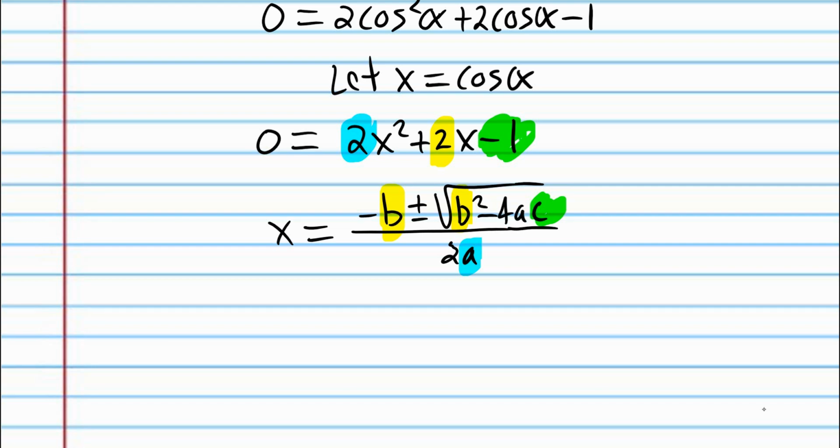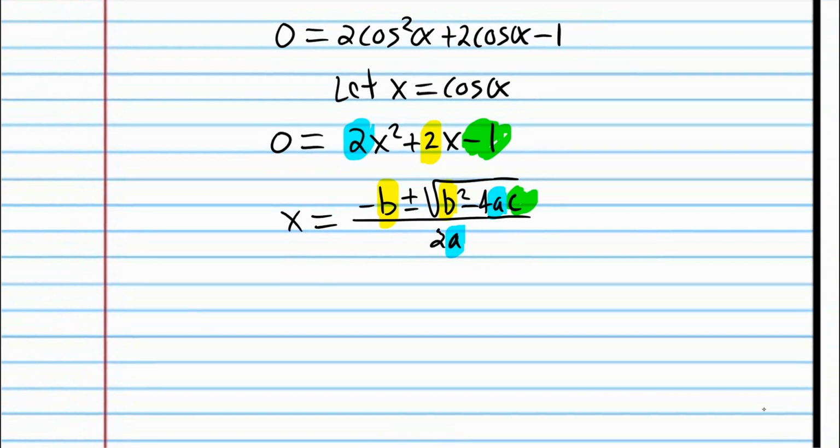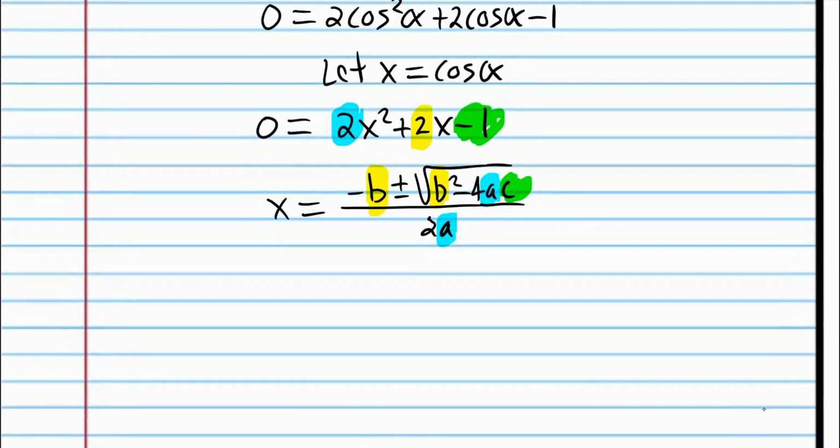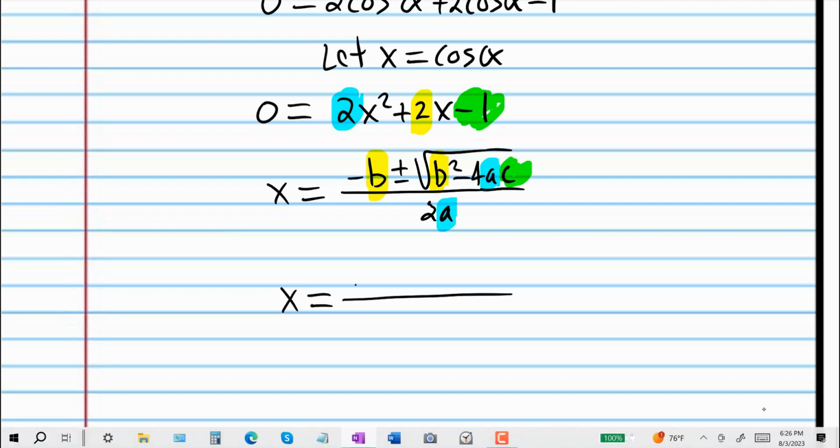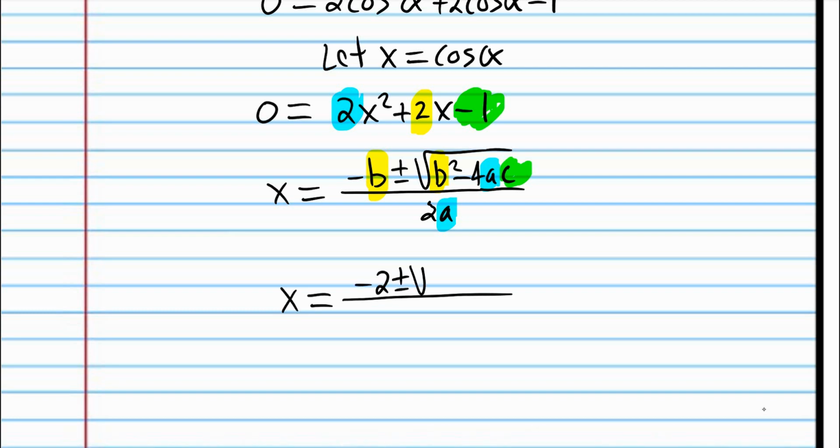The A is going to be blue. Sorry about that. Okay, so we're ready to go. I'm going to plug in all the numbers. B is 2, and A is 2, and C is -1.